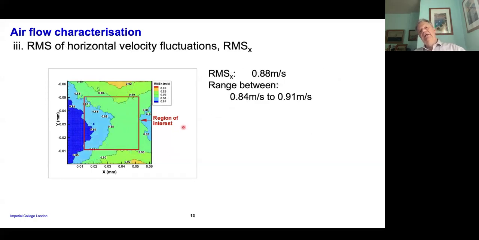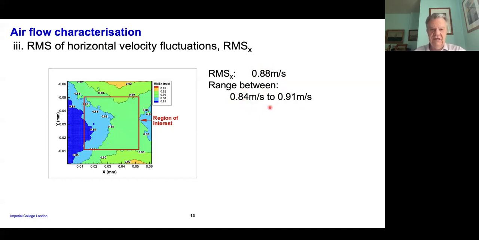And then we look at the RMS of the velocity fluctuations in both directions. In this particular case, we do have a certain level, which you see, and also the variability of this. So it doesn't vary a lot.